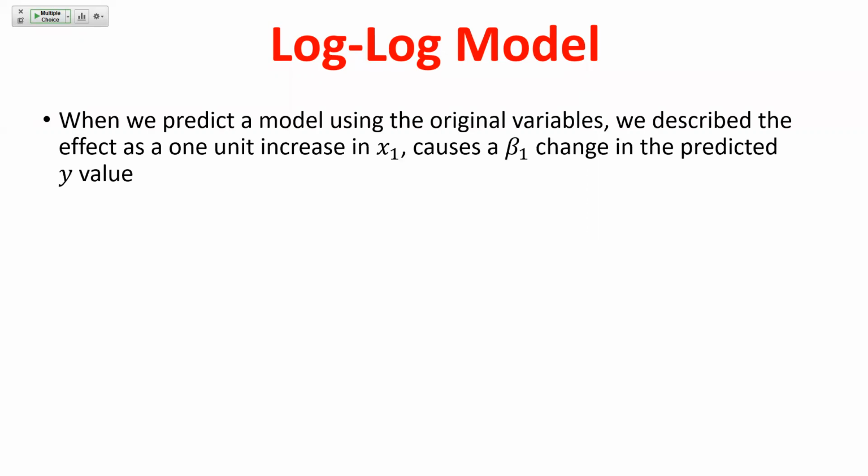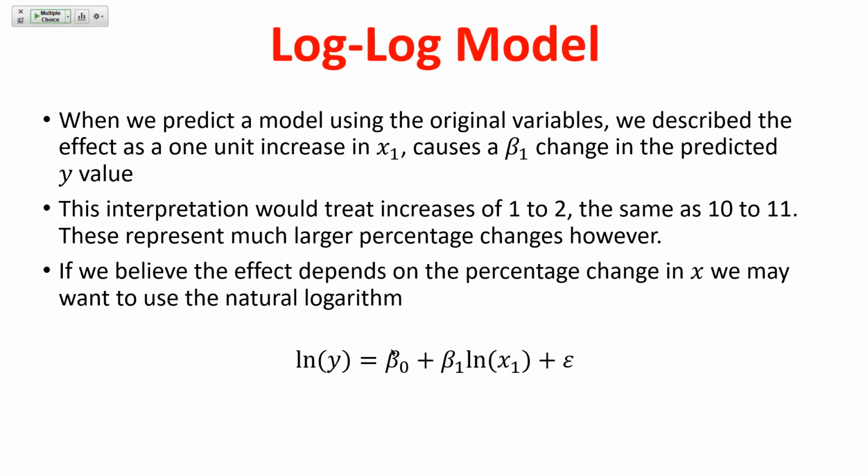So in the log model, what we're going to do is take the natural log of both our original x and y variables. So let's say I take the natural log of x and the natural log of y.